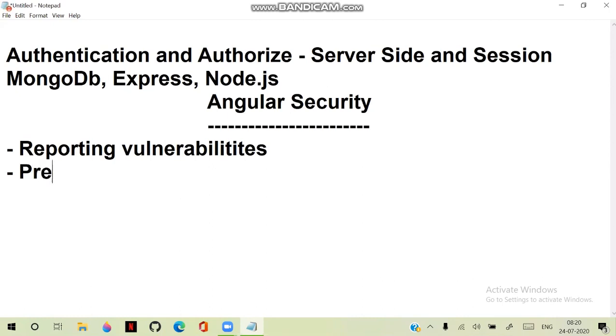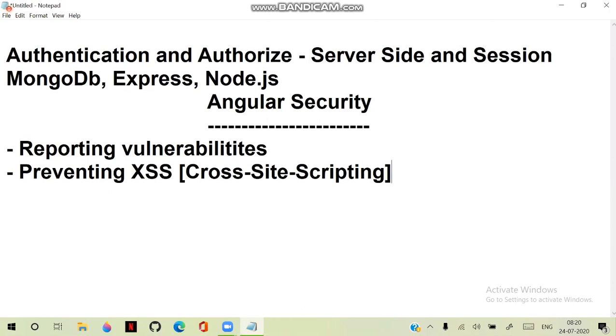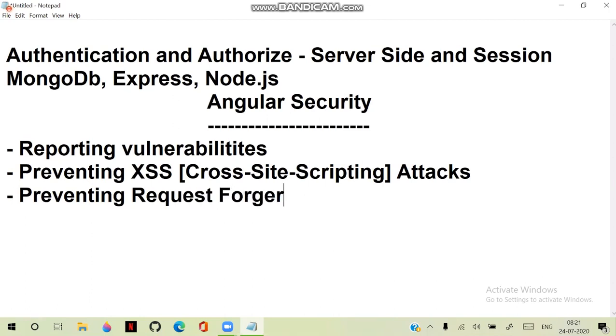And preventing cross-site scripting attacks, and preventing cross-site request forgery.